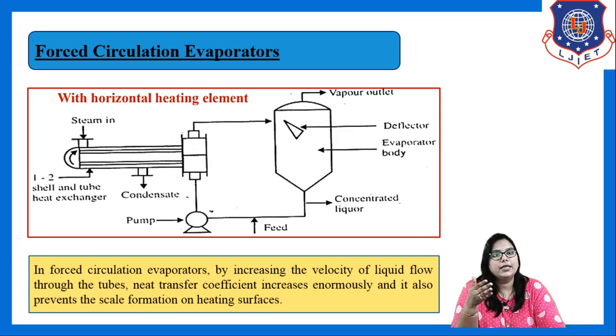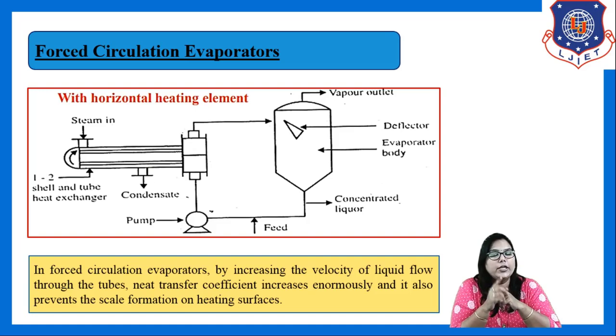As we discussed, in forced circulation evaporation, the velocity of liquid ranges from 2 to 6 meter per second. It is high compared to natural circulation evaporator. What is the advantage of this high velocity of liquid? Due to this high velocity, the heat transfer coefficient increases, and it also prevents scale formation on heating surfaces.